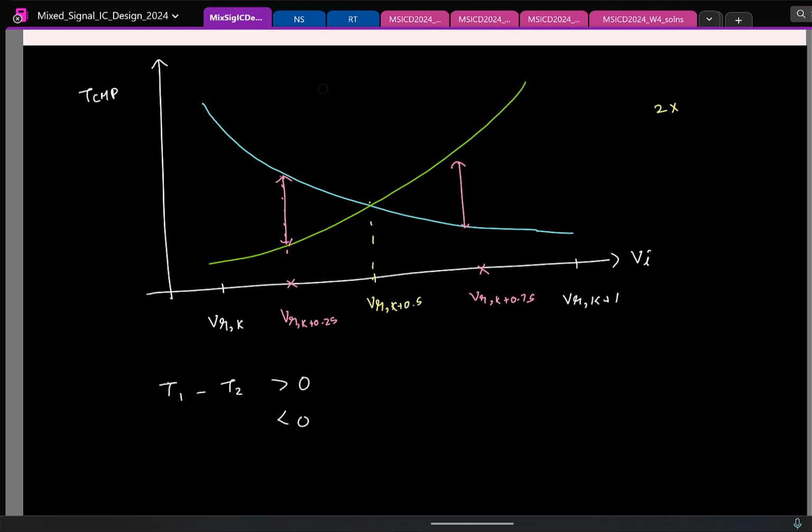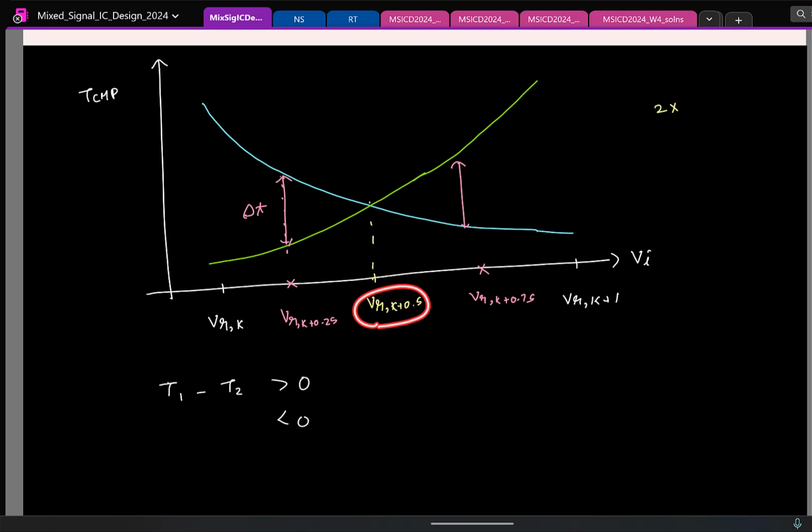So if I want to extend it by 4x, I should not be just checking if one comparator is finishing earlier than the other. We should be checking if one comparator finishes delta t before the other. That's what this means, right?